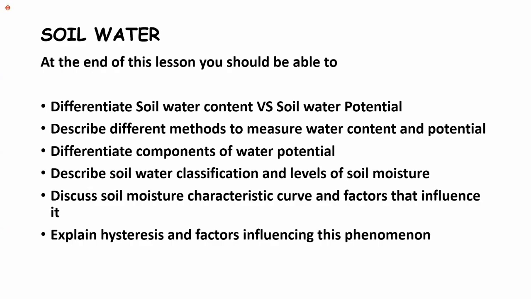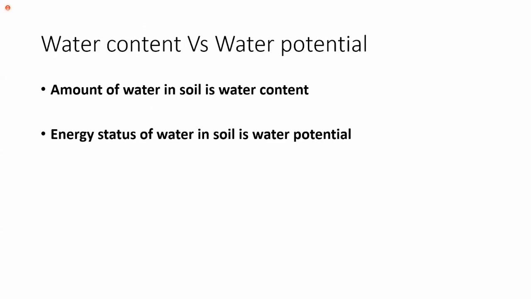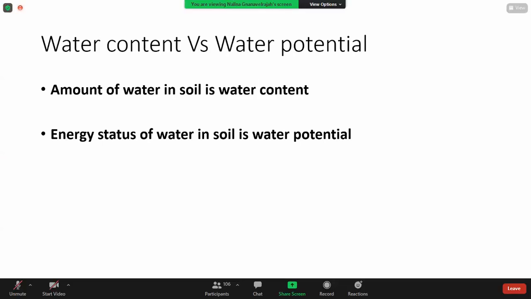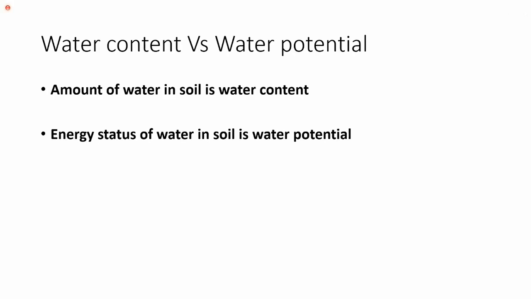After you finish the soil water, maybe 2 or 2.5 hours lecture. So now we'll see what is soil water content and what is soil water potential. There are two terms you should know. So water content, as you all understand, is the amount of water in a soil sample or in a soil.